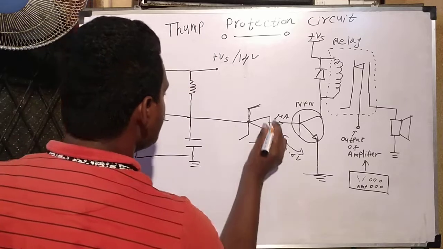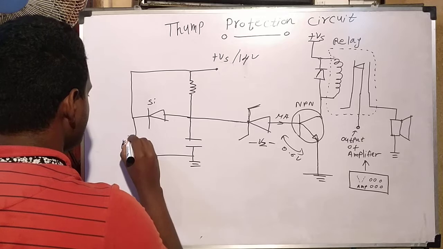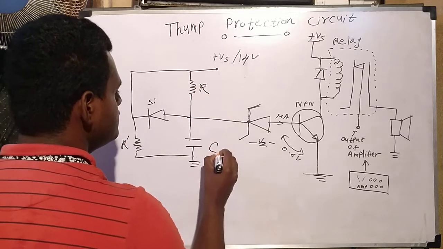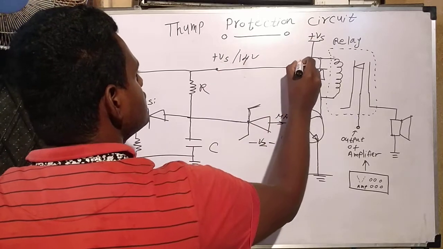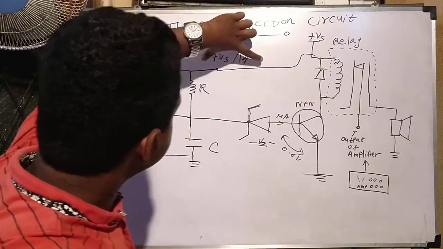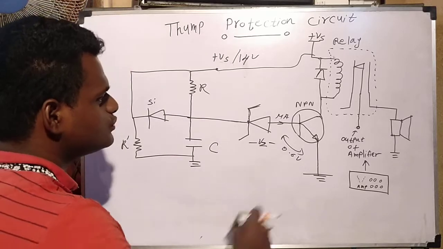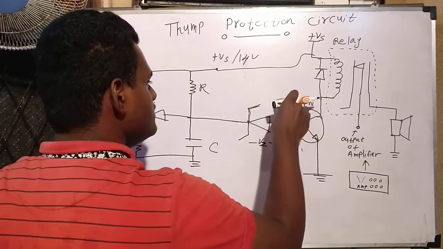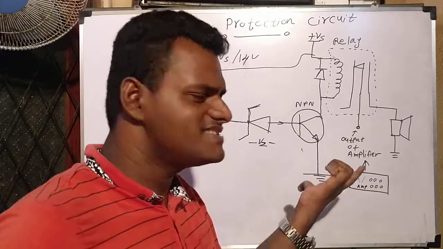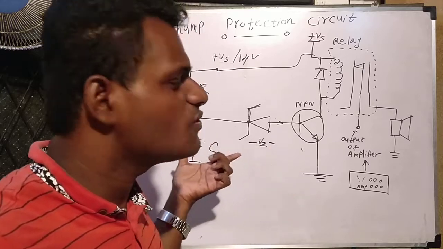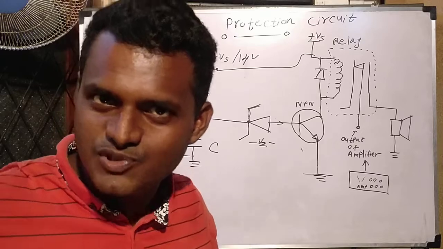So this is VS, this is the silicon diode, this is R dash, this is R, and this is C. I can also connect it into here, no problem. This is the final protection circuit. It's a very simple circuit, very easy. Okay, let's go and do the practicals.